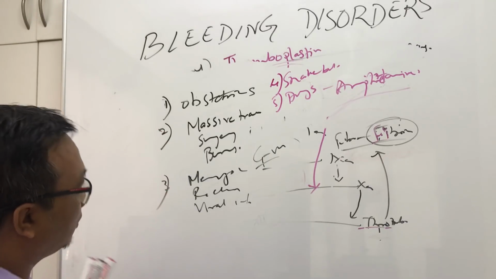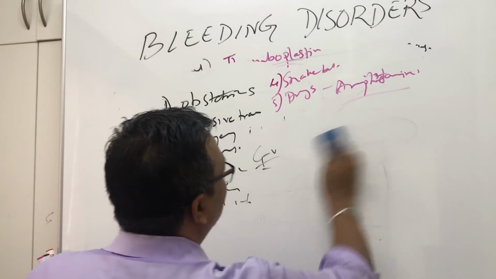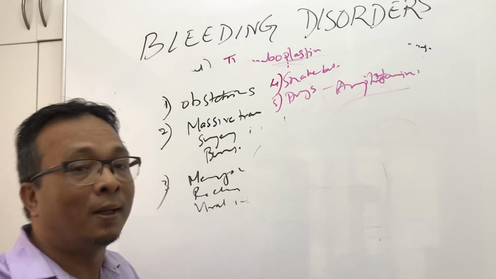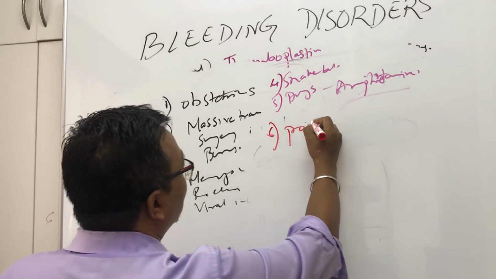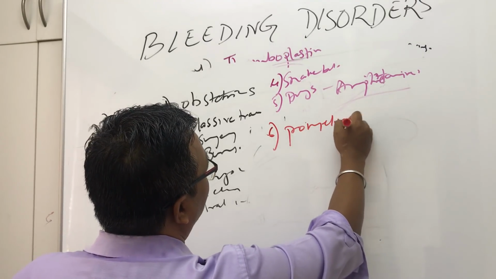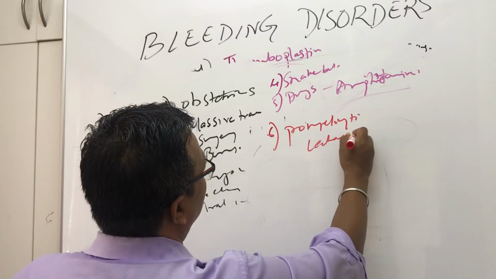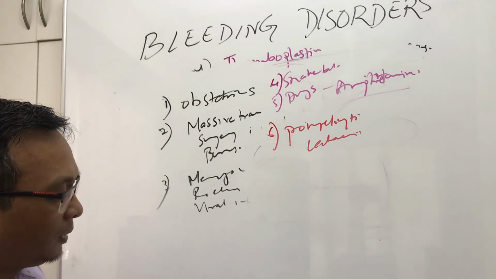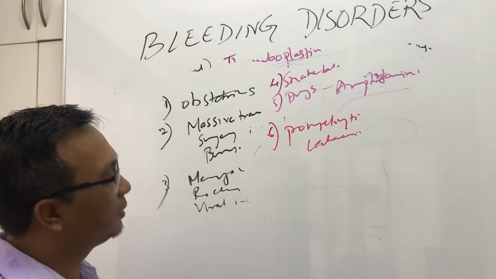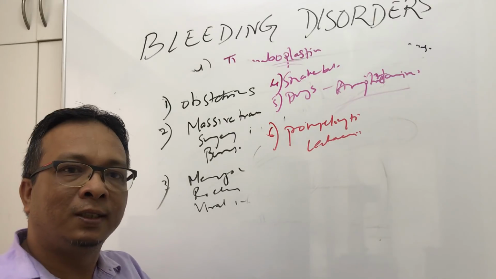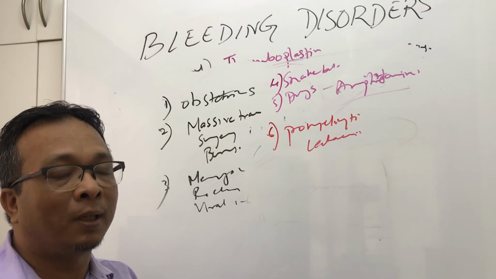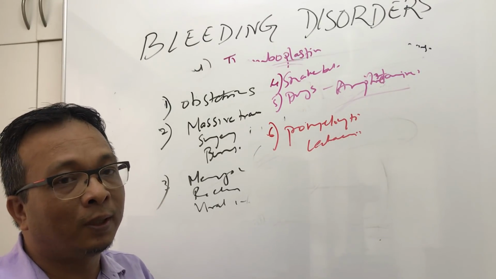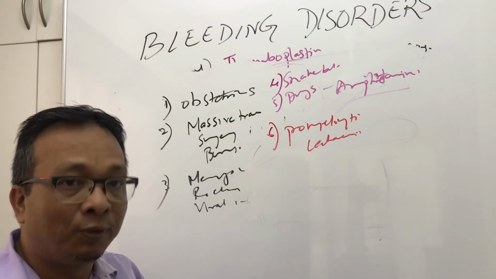Don't forget leukemia, promyelocytic leukemia, and neoplasms. Promyelocytic leukemia is also one cause. So these are the basic things related to DIC. Remember, when there is DIC, there is spontaneous bleeding plus thrombosis also. Keep that in mind. That's why the treatment is very difficult.